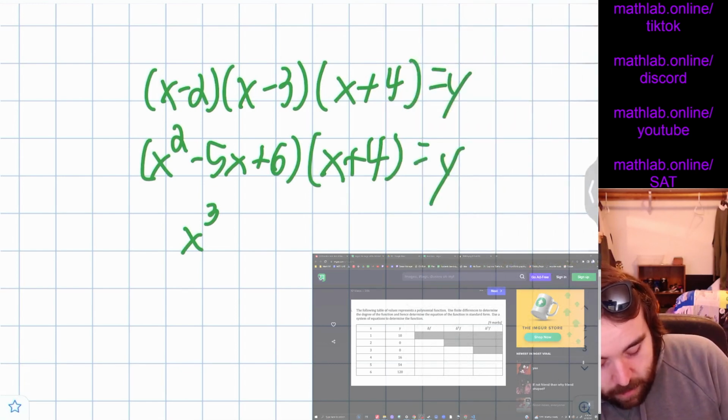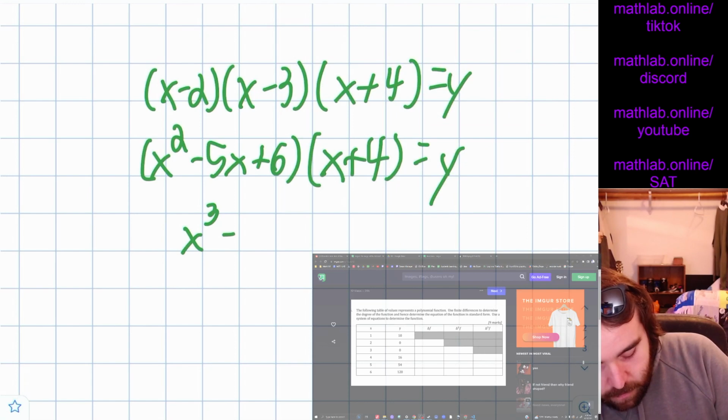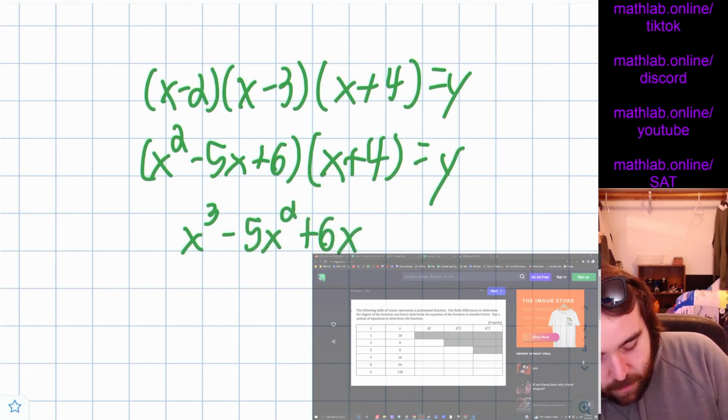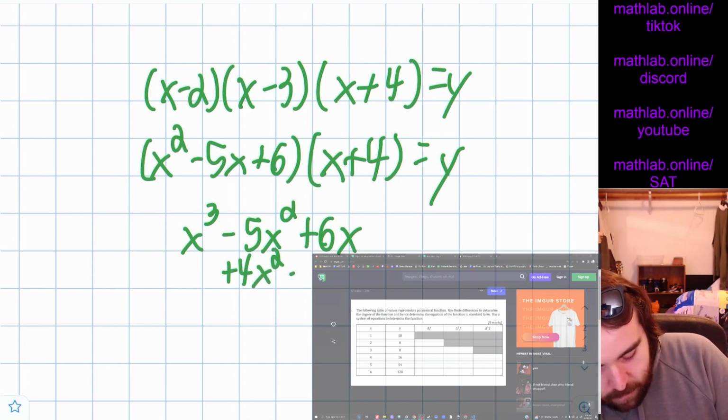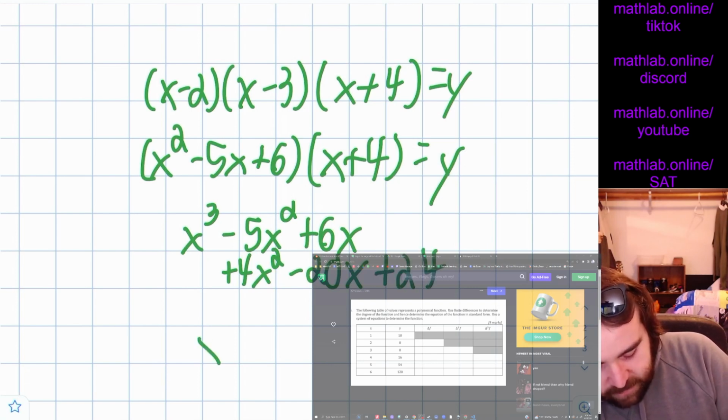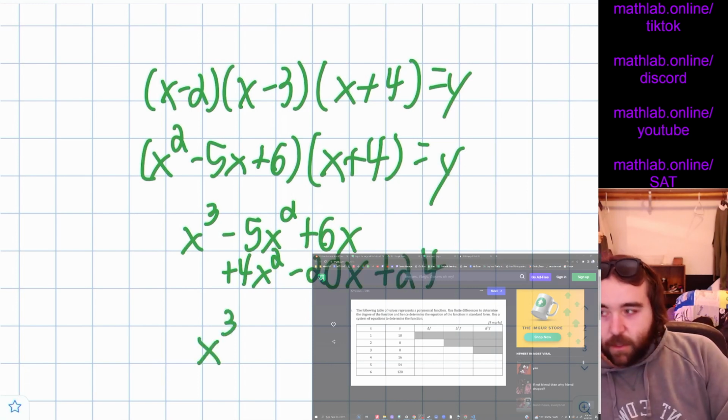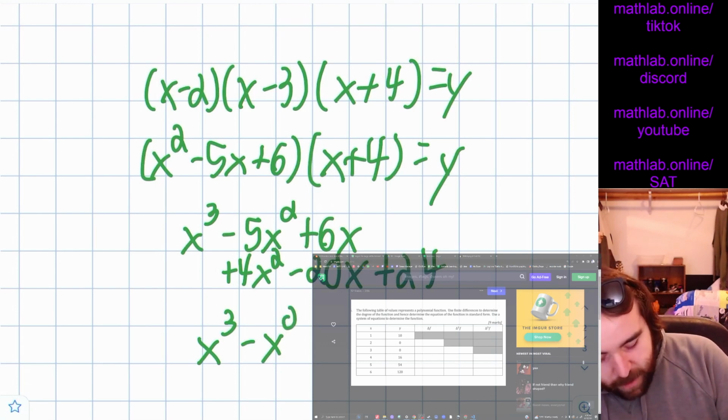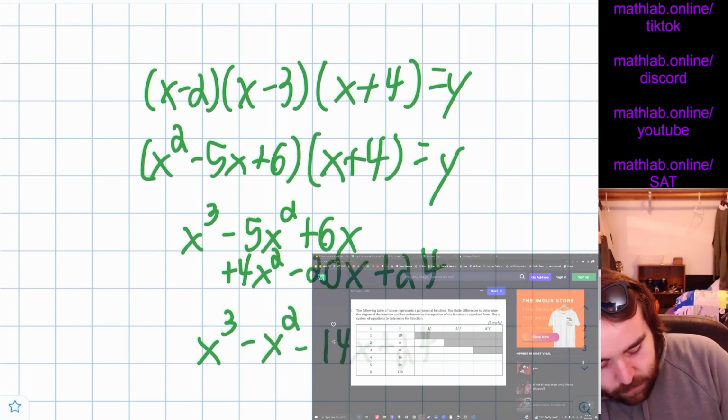So I'm going to do x times x squared minus 5x squared plus 6x, and then plus 4x squared minus 20x plus 24. And then we'll just add them together. X cubed minus x squared minus 14x plus 24.